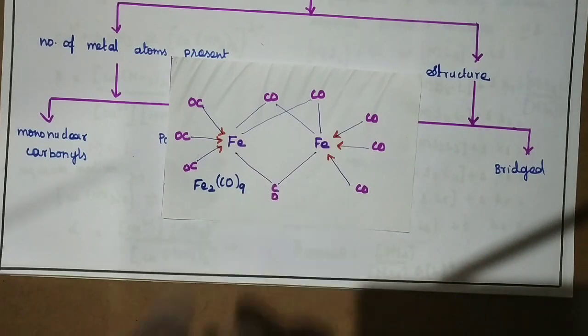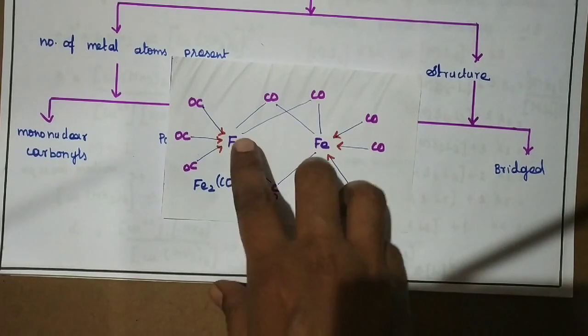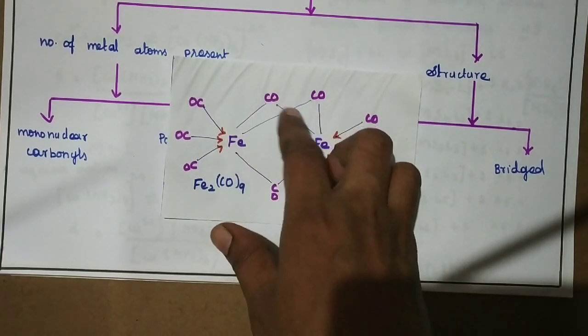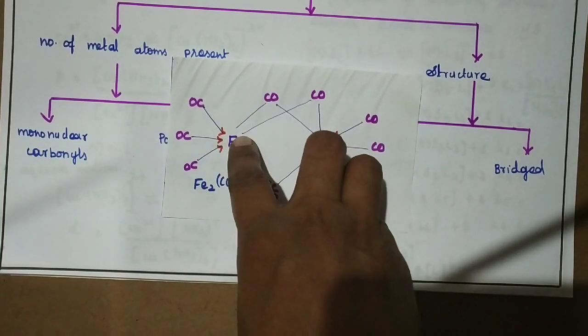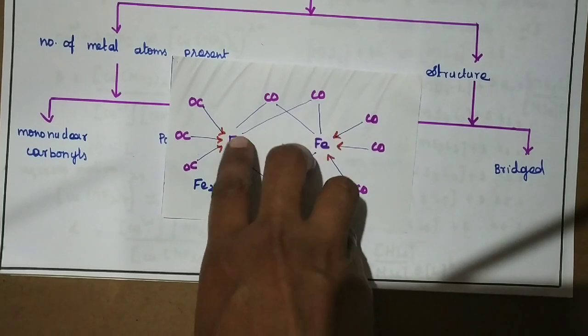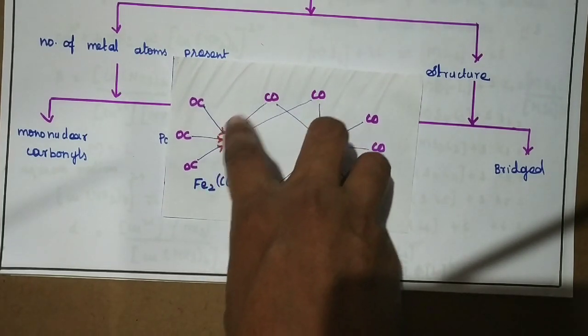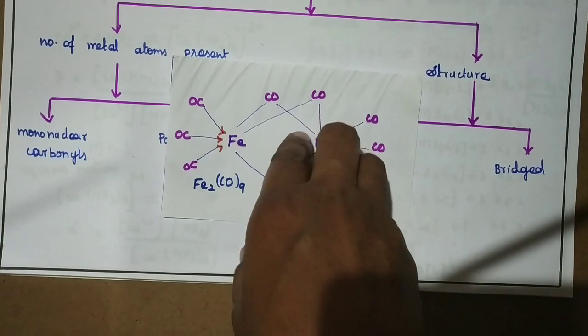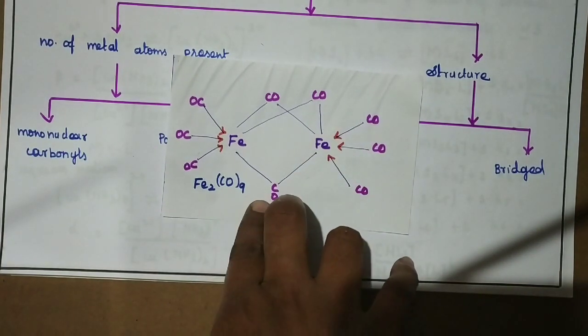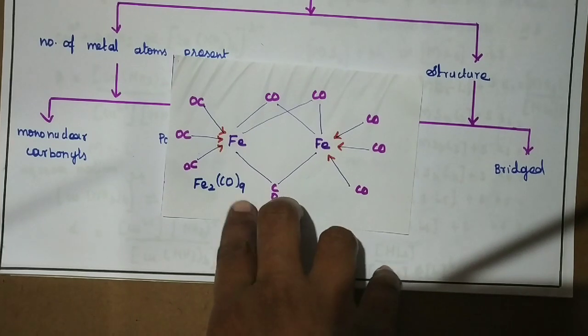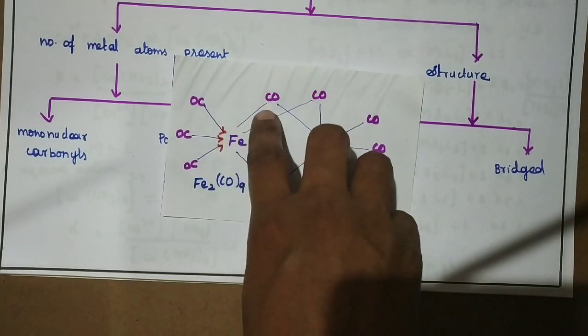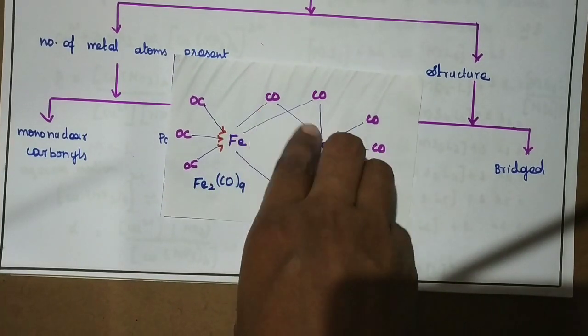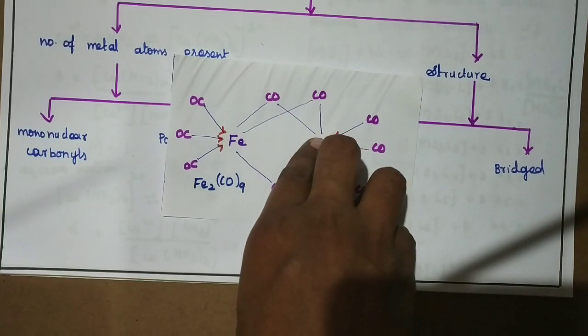These carbonyls contain one or more bridging carbonyls. Here one central metal ion and another central metal ion have ligands bridged between them. For example, in Fe2(CO)9, the carbonyl bridges from one Fe to the other Fe.